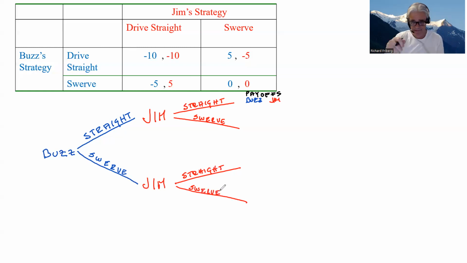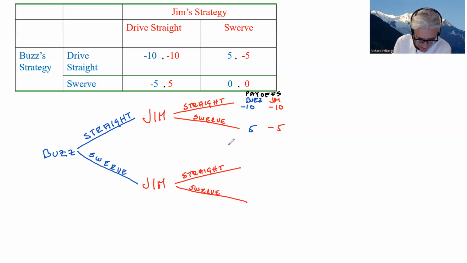So swerve, you know, avoid a collision, doing the sensible thing, but not necessarily in this game. Okay, so payoff if straight and straight, this is -10 for Jim. And straight and swerving for Jim, -5. We'll write Buzz's corresponding numbers here. So -10 here and 5.